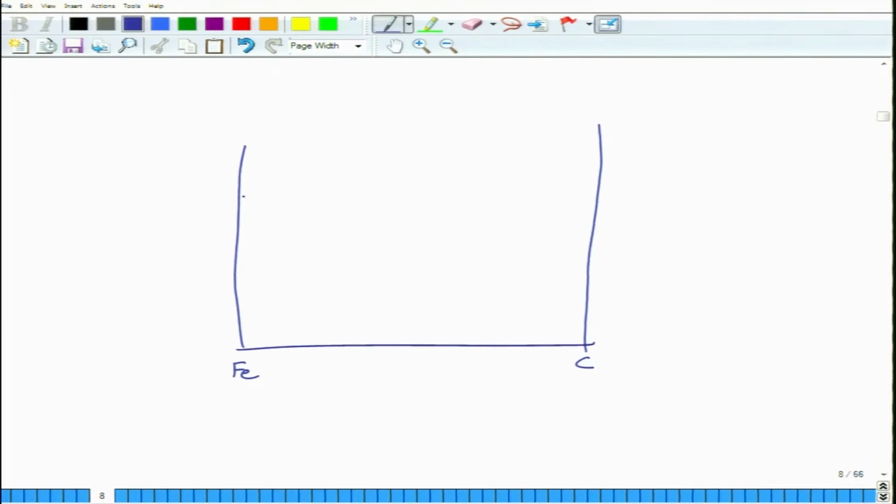Steel has a eutectoid reaction. I will only draw the low temperature part. So, this is alpha, this is alpha plus gamma, this is gamma plus Fe3C, and this is alpha plus Fe3C.